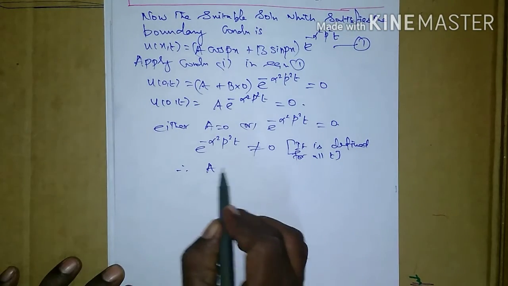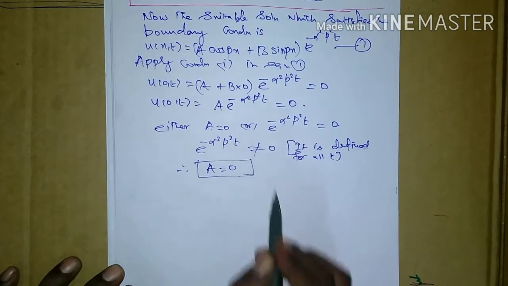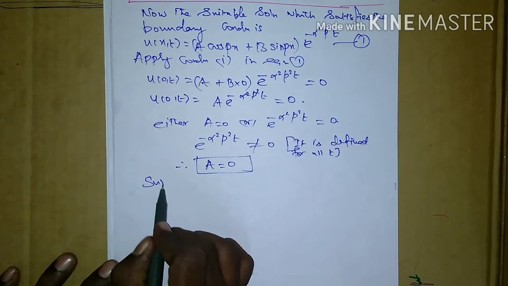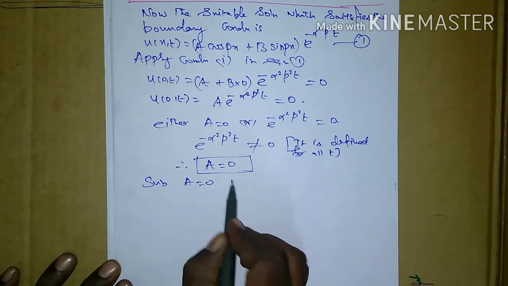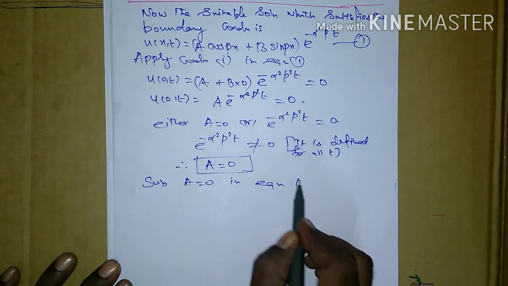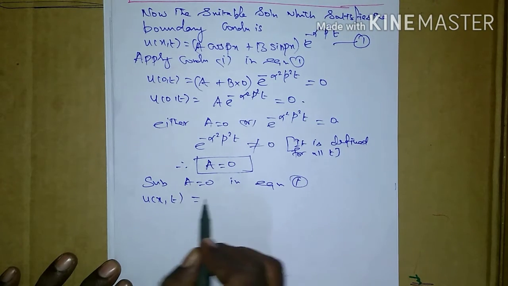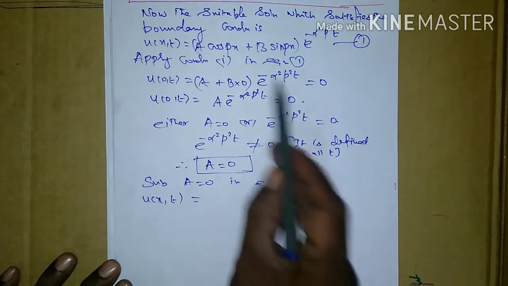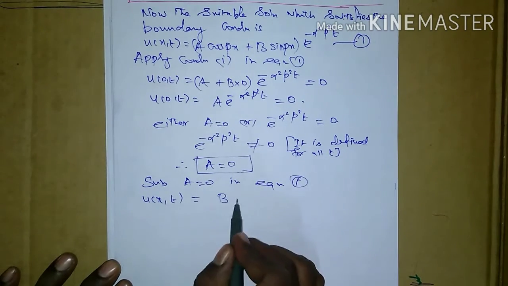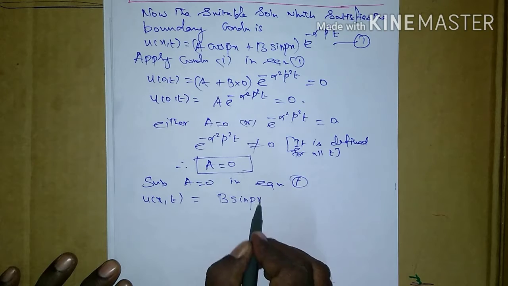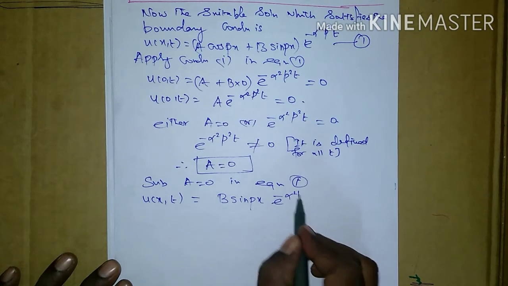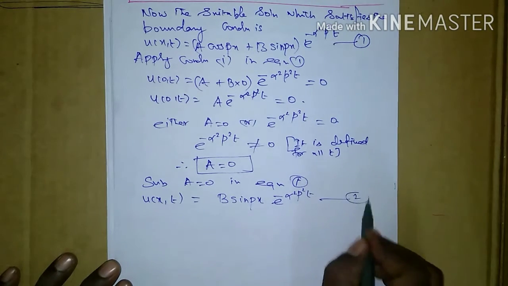Therefore, only possibility is a equal to 0. Therefore, substitute a equal to 0 in equation 1. We get u of x comma t is equal to, here a is equal to 0 in equation number 1, therefore, b sin px into e power minus alpha square p square t. This is equation number 2.